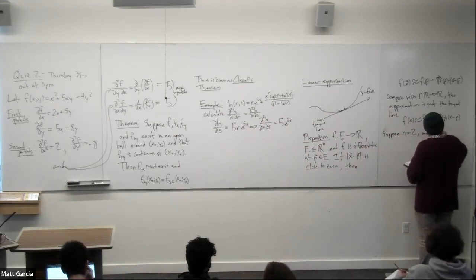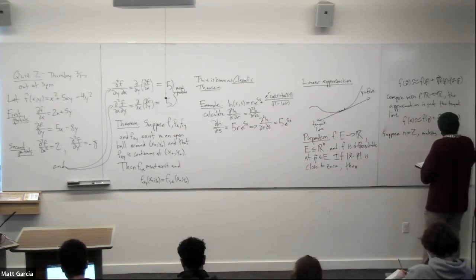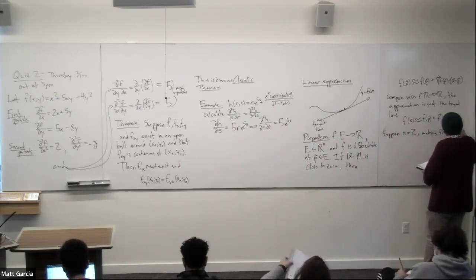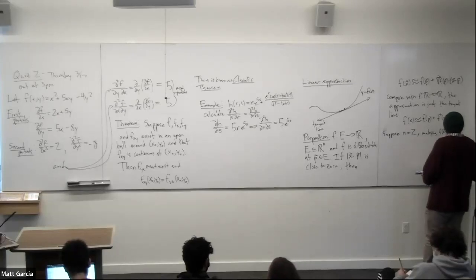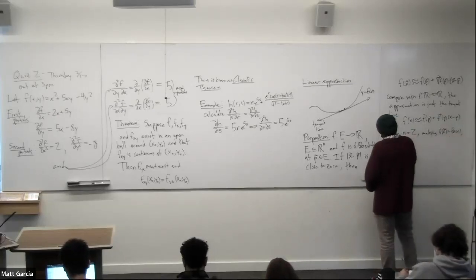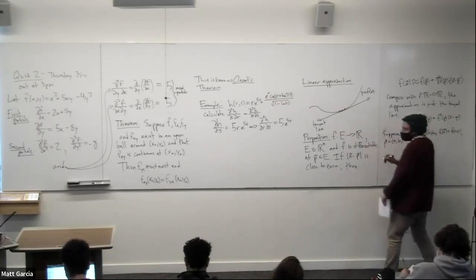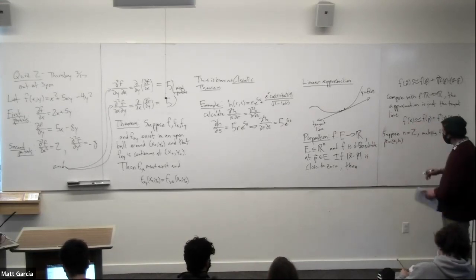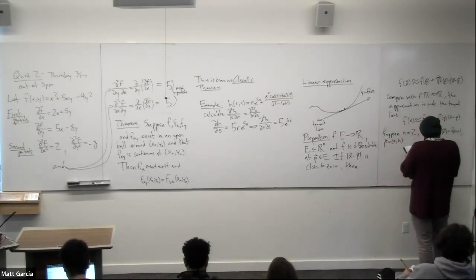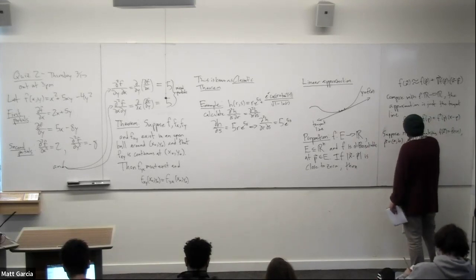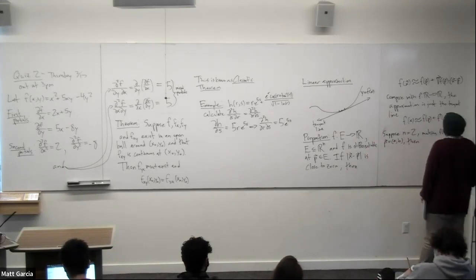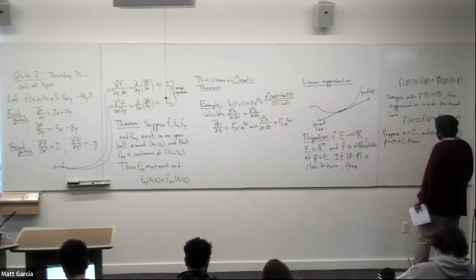Which makes f of x hat, we can now just call f of x comma y, our point P. We'll just give specific names to the coordinates, A and B. Then what does our approximation look like?